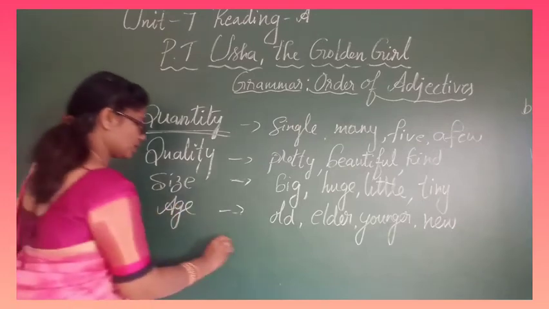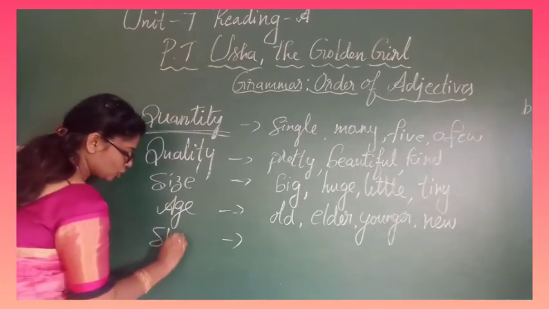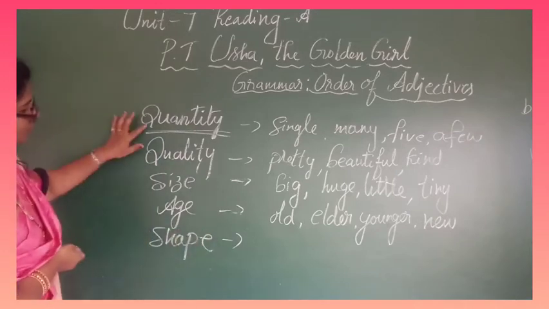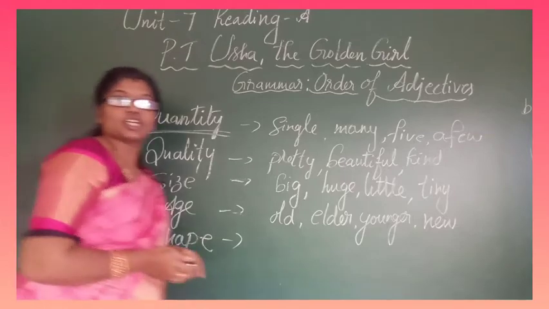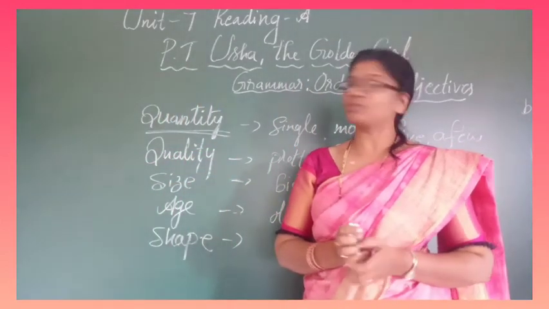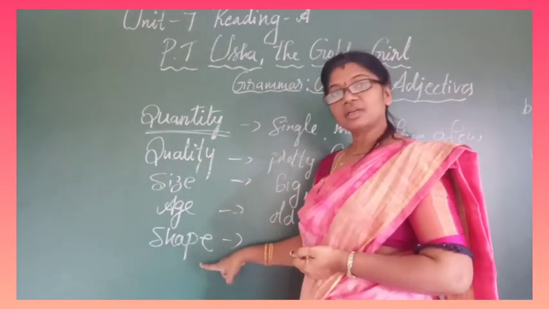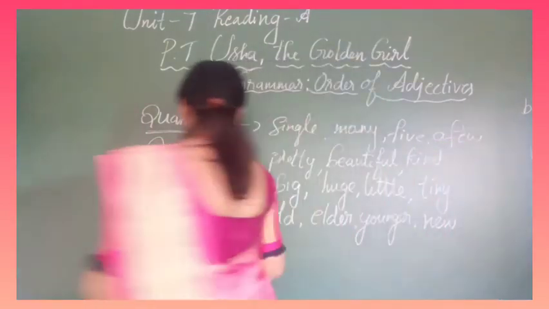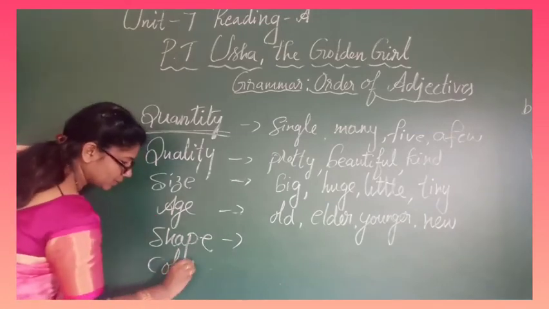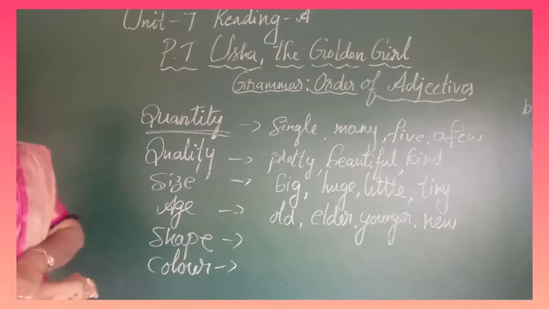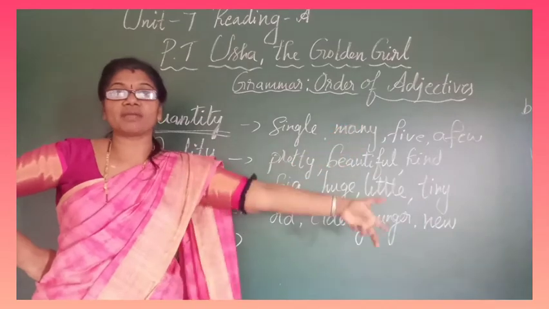Then after quantity, quality, size, age comes shape. Shape stands in fifth position in the order of the adjectives. Then comes color. The first example I said, a blue old square box, how odd it is.